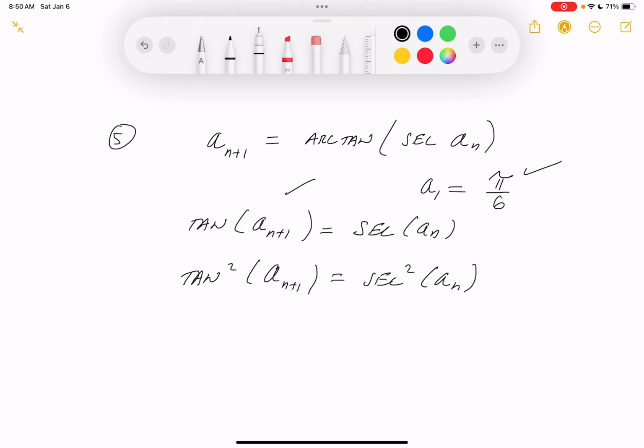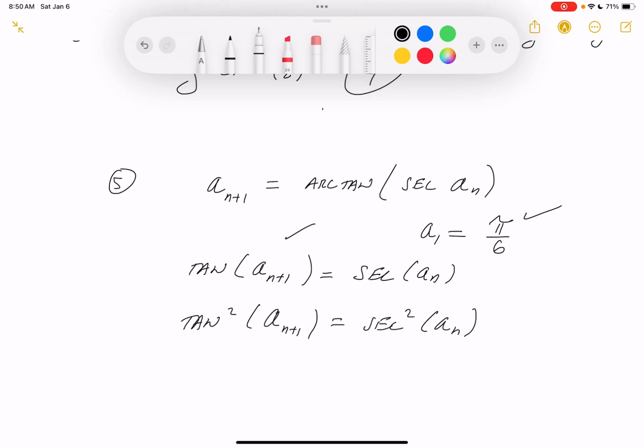I'm trying to get this into a simple pattern problem. Just to remind you, sine squared theta plus cosine squared theta is equal to 1. You can divide both sides by cosine squared and you get tangent squared theta plus 1 equals secant squared theta.